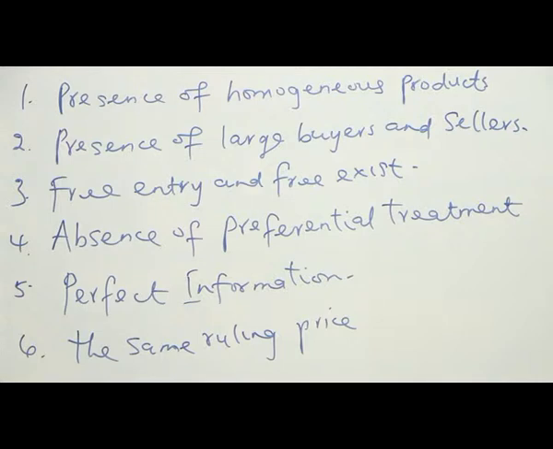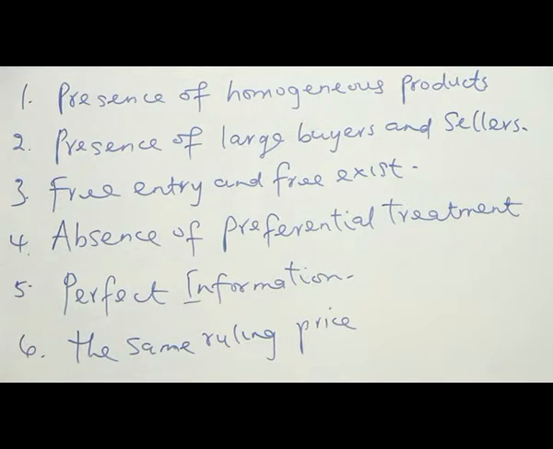The last one, the same ruling price. From our definition, we said no one can influence the price of the commodity. That is to say, in this market, there is a prevailing price. So either a buyer or a seller, no one can change the price. They will take it according to market forces.